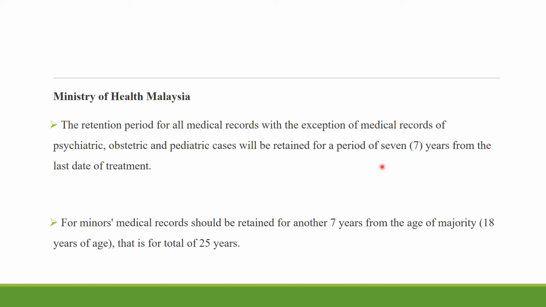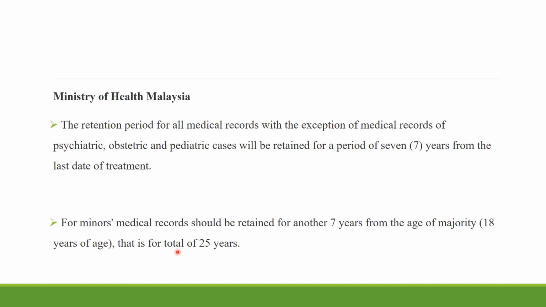So many times it happens in practice that you have a patient who is continuously seeing you. So you have to maintain his record till his death. And for patients who discontinue the treatment and have not come to you within those 7 years, you can dispose of it. For minors, that means children, you have to retain the record for 7 years after they reach the age of majority, that is 18 years of age.